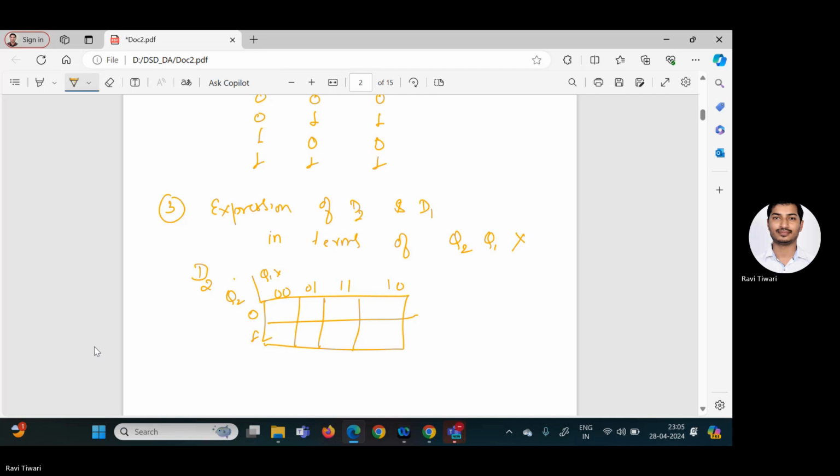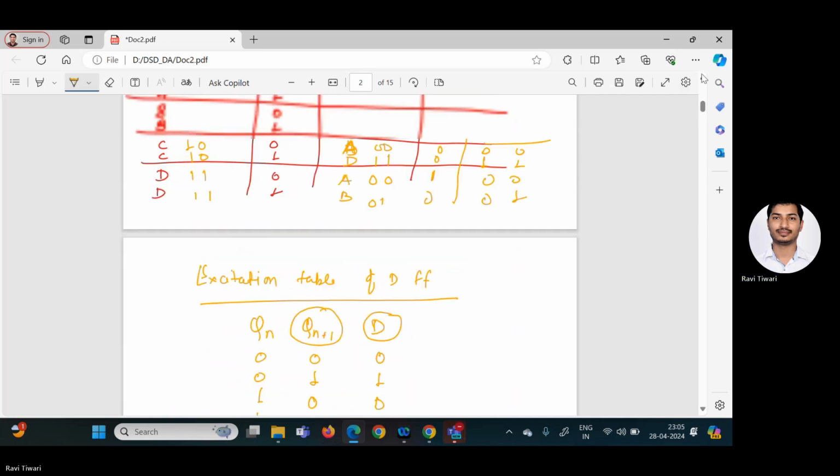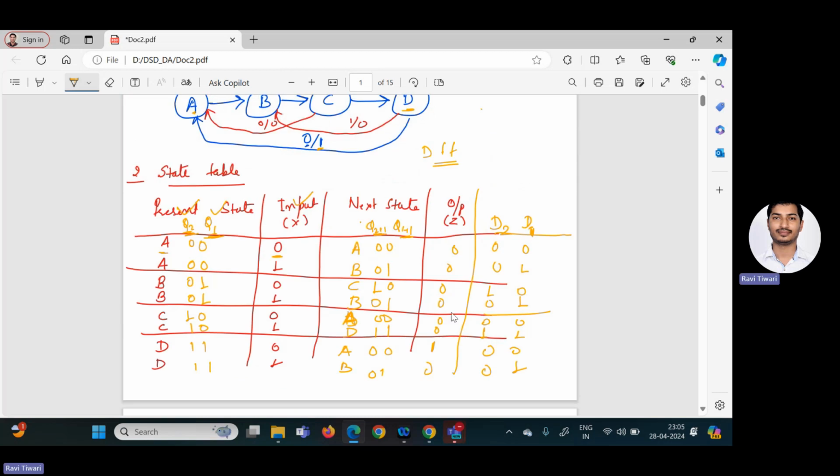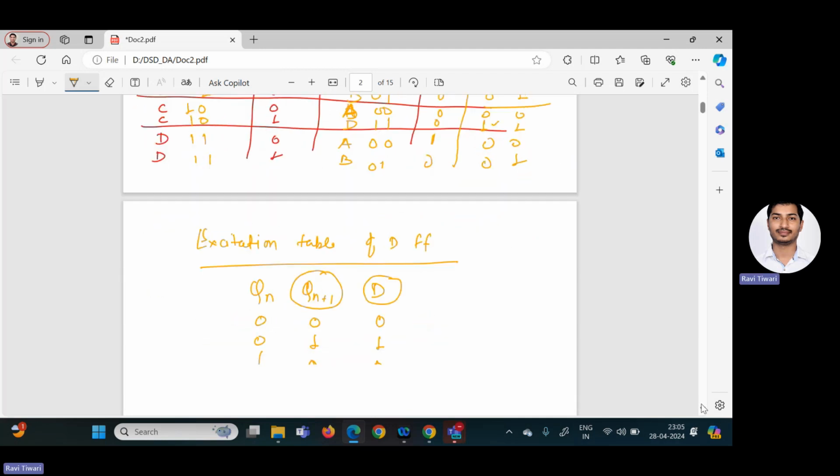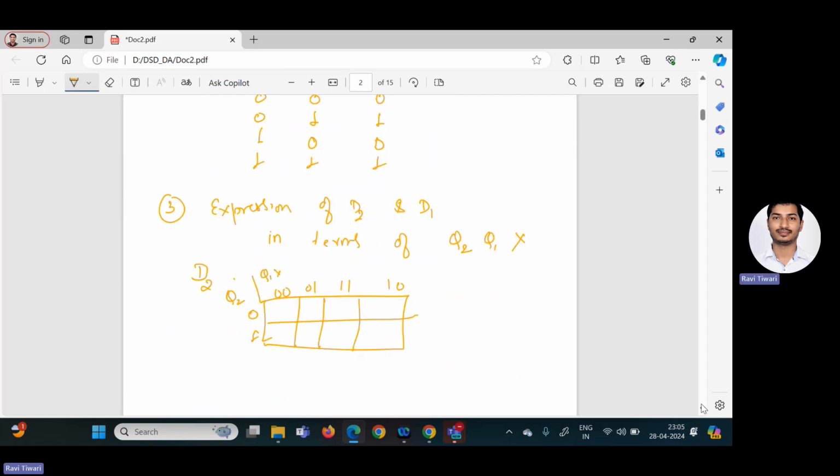Now, wherever your function value is 1, you write down the expression. So this is 2 and this is 5. 1, 0, 1 is 5, 0, 1, 0 is 2. So we don't have a group here.